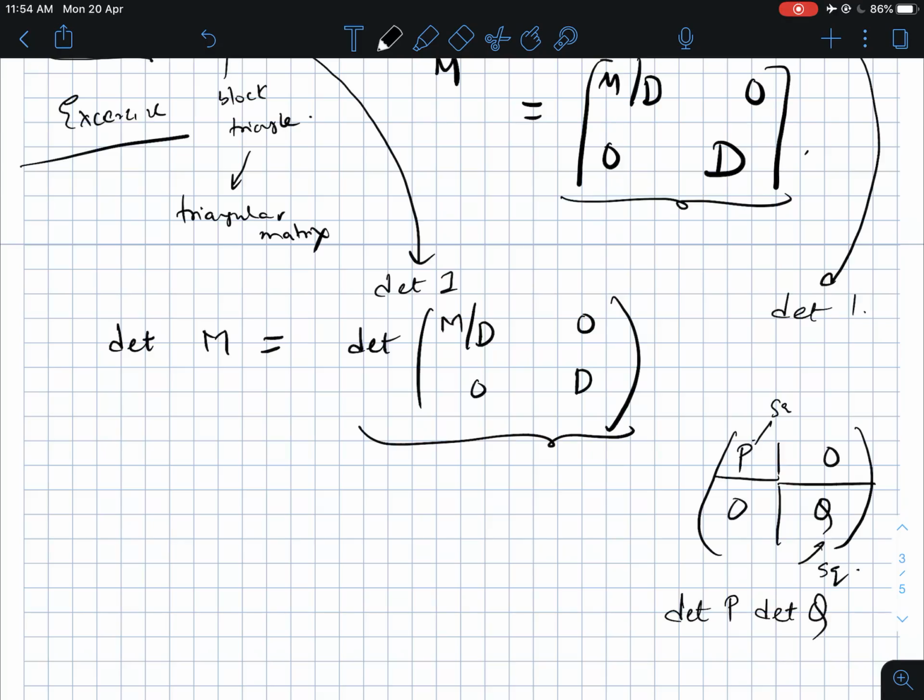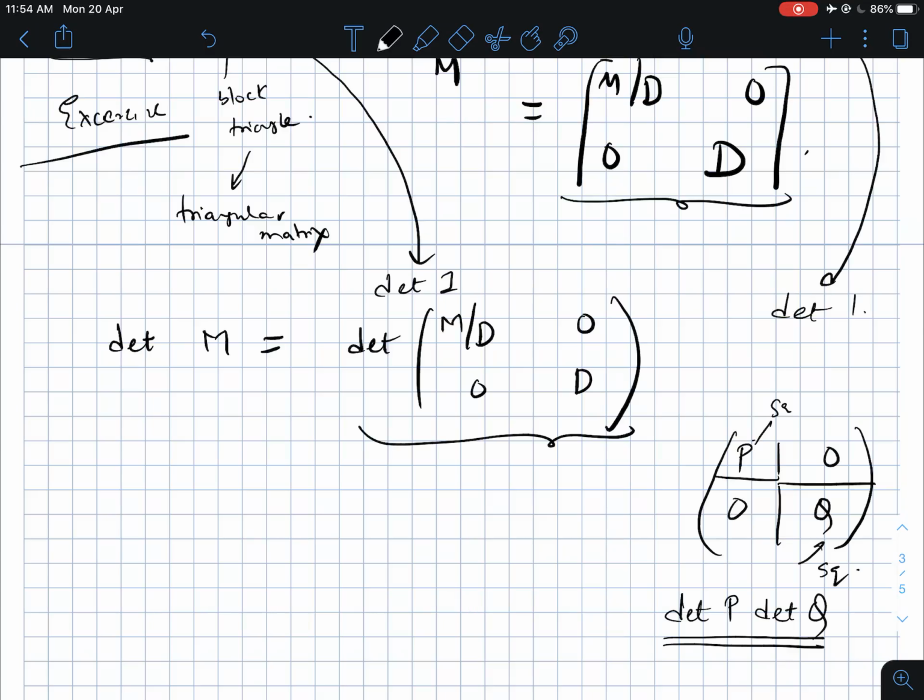This will follow just by applying the definition of the determinant and using induction if you want to use induction, right? So I'll leave it for you to see how you can visualize this. But if you remember the definitions of the determinant we had in the first segment, one of the definitions was the definition based on permutations, right? You find the determinant by picking exactly one entry from each row and each column of the matrix.